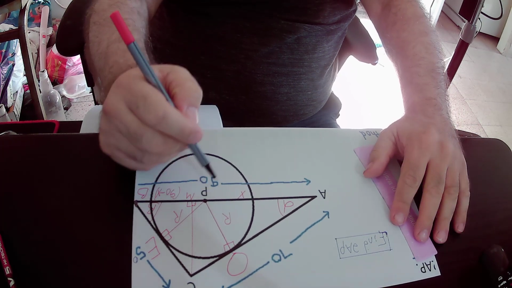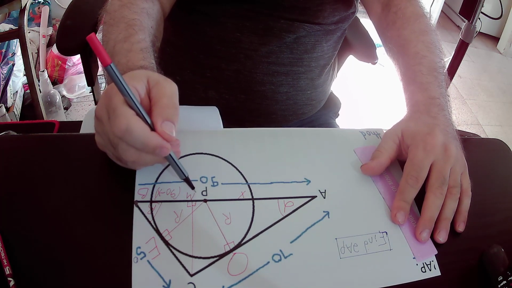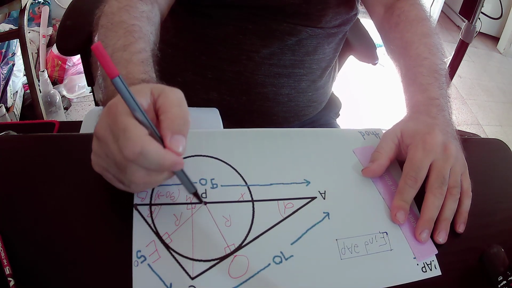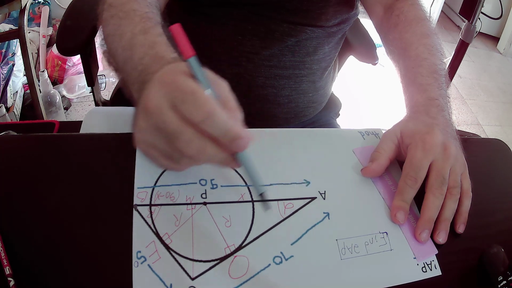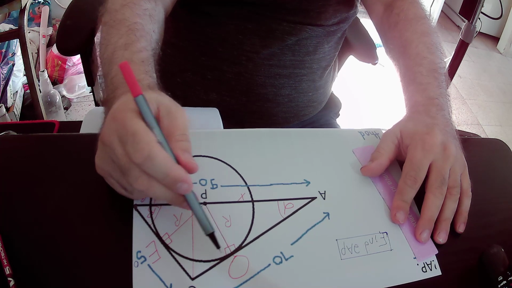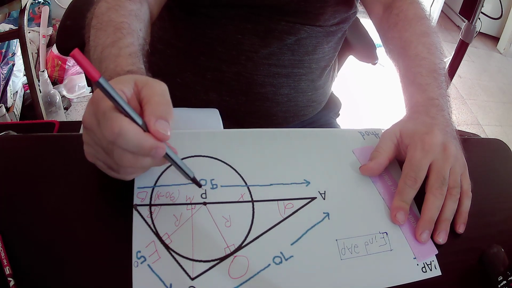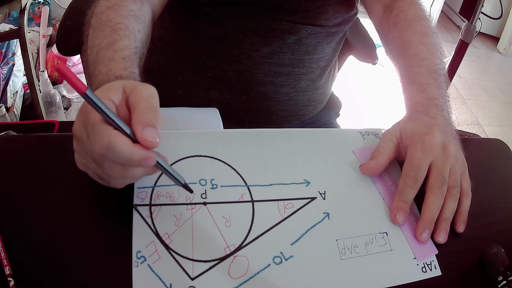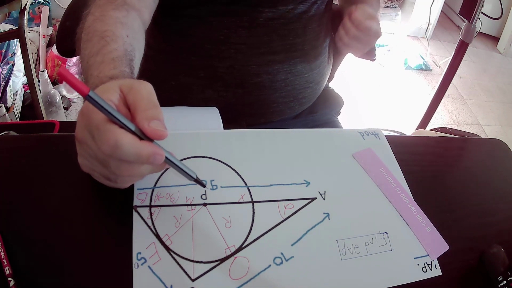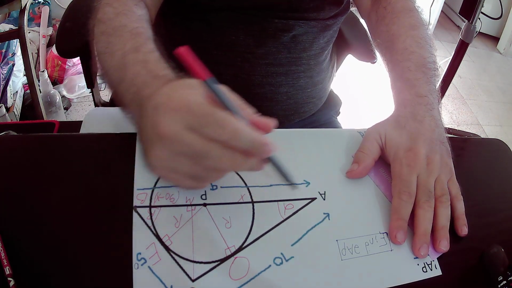Because side AM is perpendicular to side CM in triangle ACM.